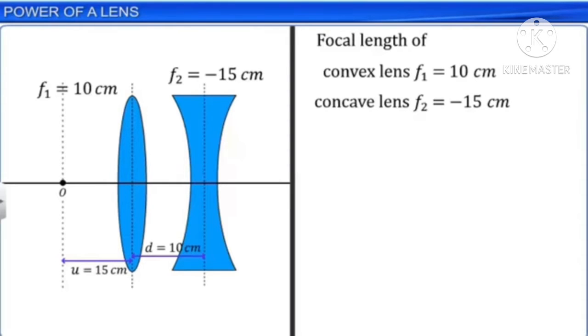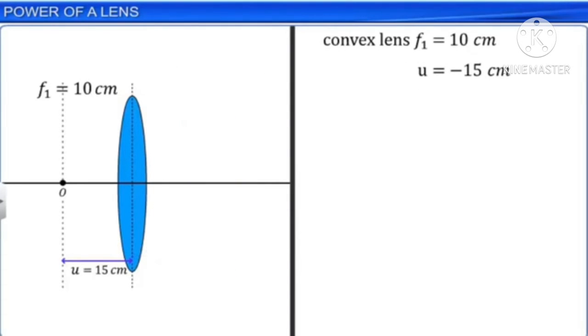First, let us find the position of the image I1 formed by the convex lens only. Let the image distance be V1. On substituting these values in the thin lens formula and solving for V1, we get V1 equal to 30 cm.